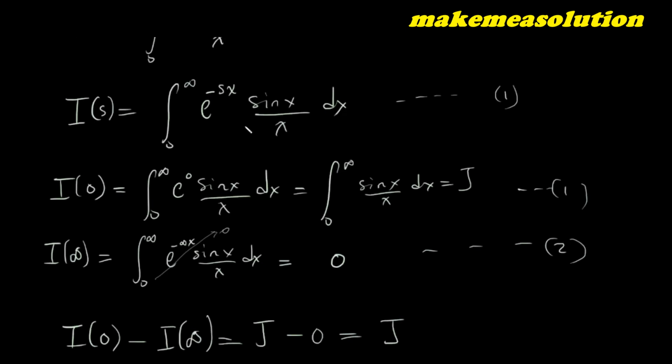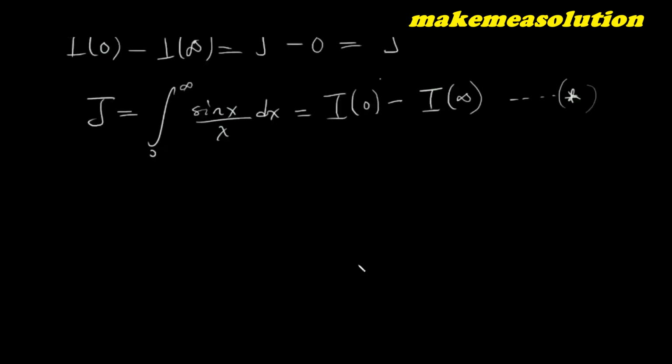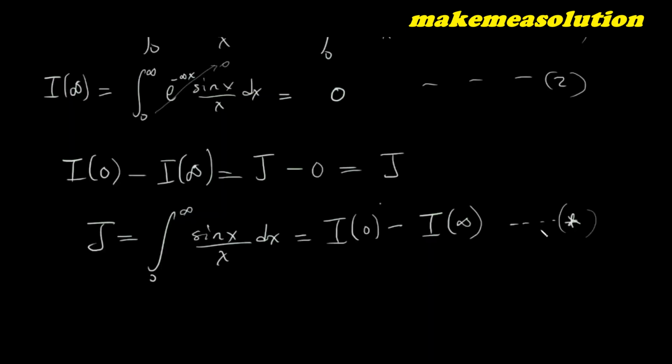The most important thing is being able to define this particular term in the integral and see if you can do some manipulations, making sure that I of 0 is your main integral and that I of infinity is 0. If you can do this, you get an expression in equation star that our integral is evaluated as I of 0 minus I of infinity, and of course I of infinity is 0.